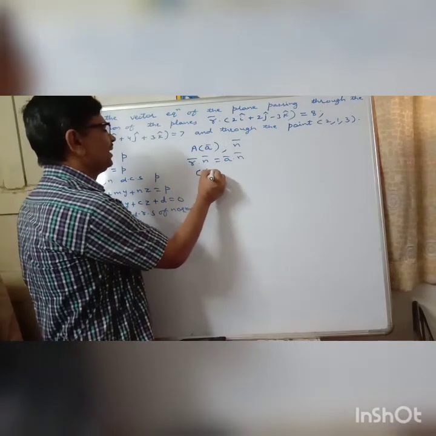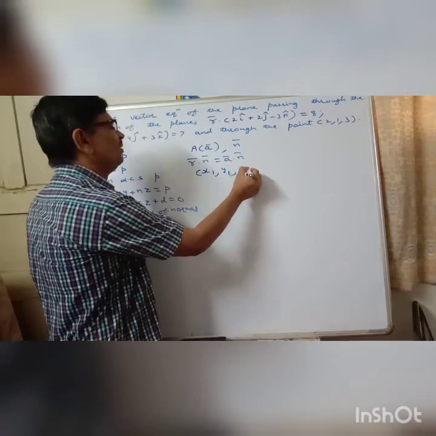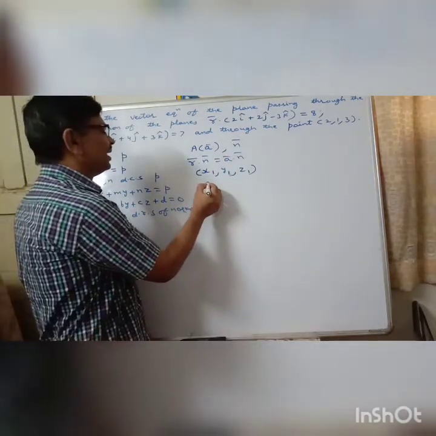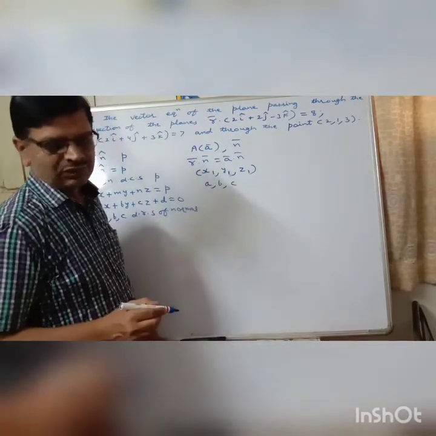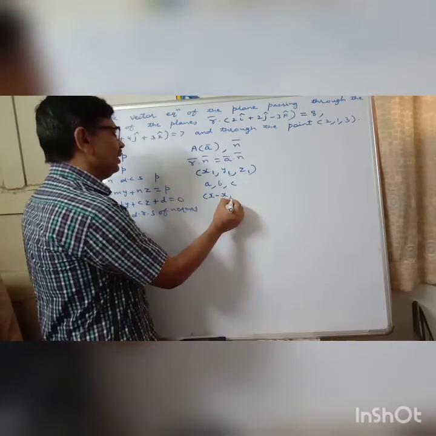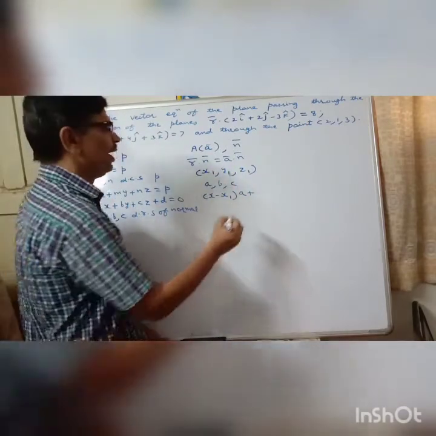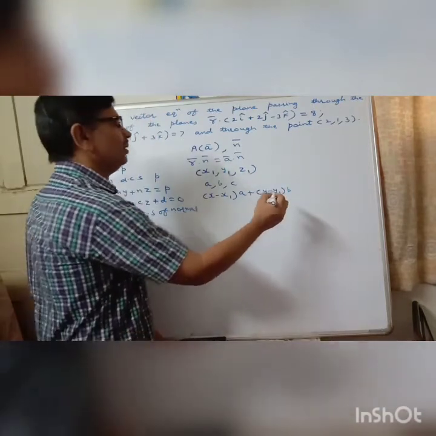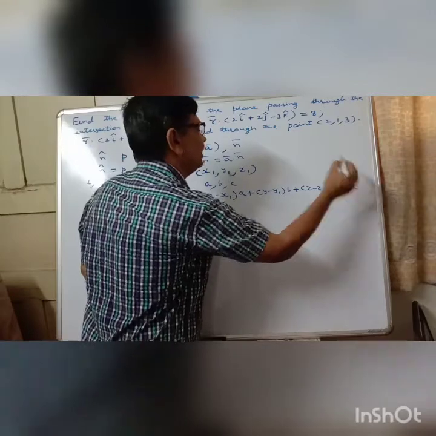Suppose coordinates of point, one point in the plane x1, y1, z1, and direction ratios of normal to the plane A, B, C, then equation of plane in Cartesian form (x minus x1) into A plus (y minus y1) into B plus (z minus z1) into C equal to 0.